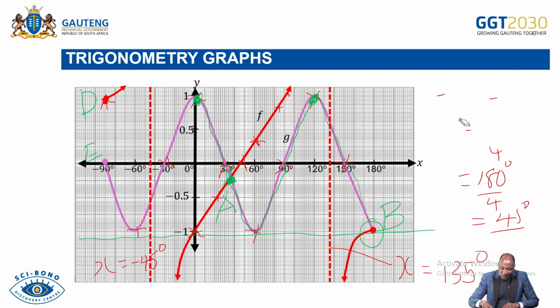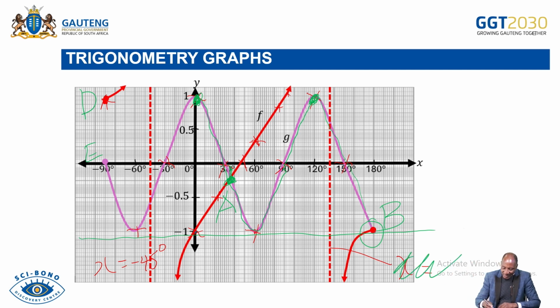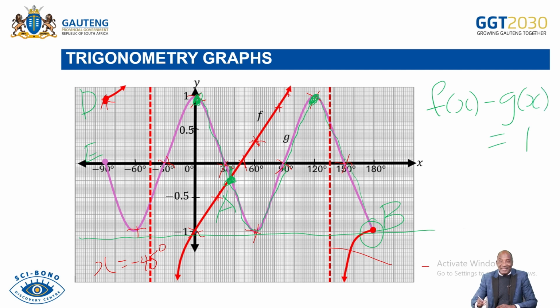You're basically looking for a region where f of x minus g of x, I'm trying to create space for us to write, is equal to 1. This implies that we look for a region, a vertical distance. Remember, these are y values that you are focusing on. F of x is y and g of x is another y. So we are subtracting two y values and we want the answer to be 1.